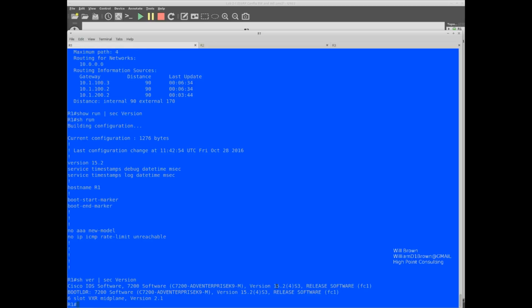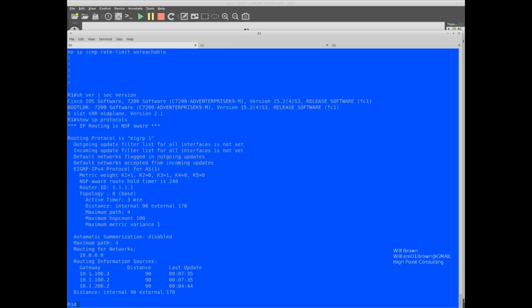This is 12.2. So I think going back to 12.3, maybe 12.2, auto summarization is on by default, and that needs to be almost always turned off, because auto summarization turns everything into a classful network, and that's fairly impractical in most modern networks.